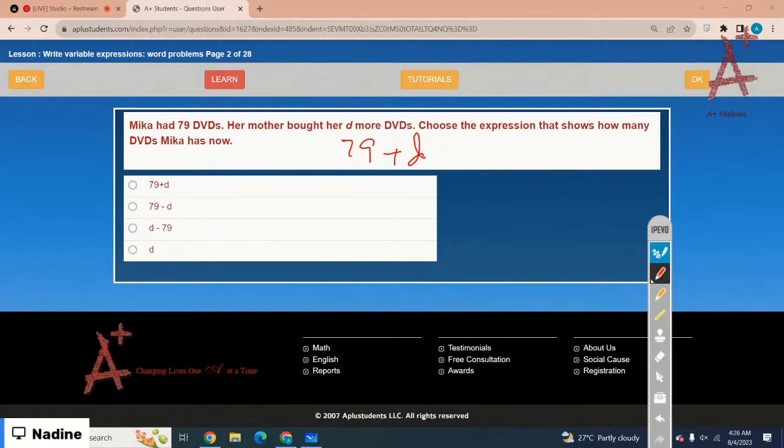This is the total DVDs she has now, right? So option number 1 is the correct option, 79 plus D. The correct option is 79 plus D.